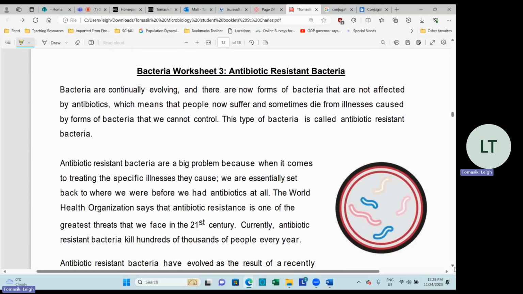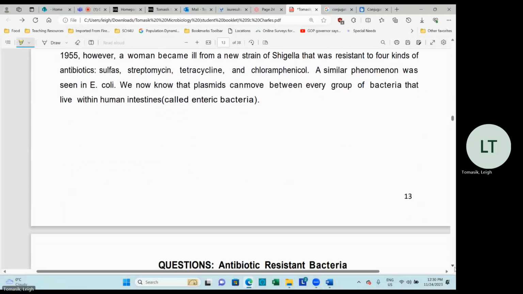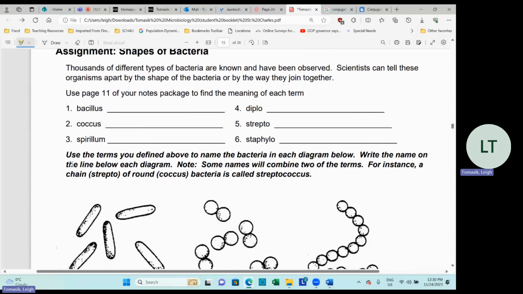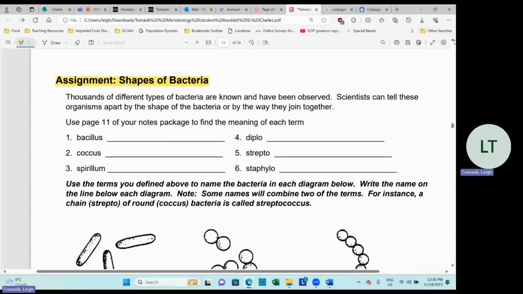And then you have another reading. Okay. And then you have an assignment called Shapes of Bacteria. So you are going to get your answers to this from page 11. Okay. You're going to use page 11 of your notes package to find out the meaning of each term.